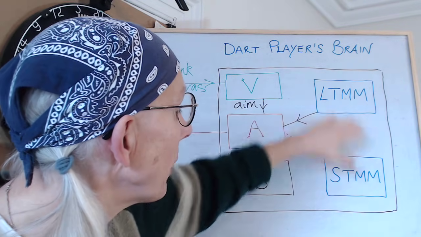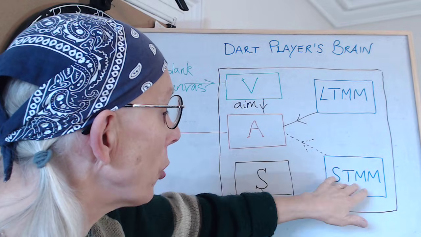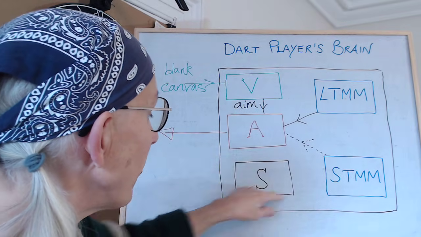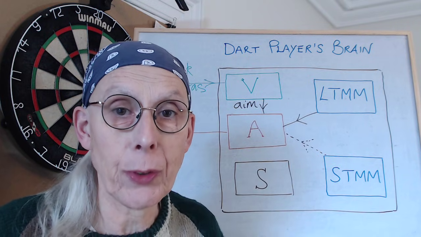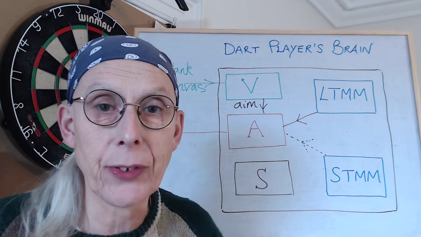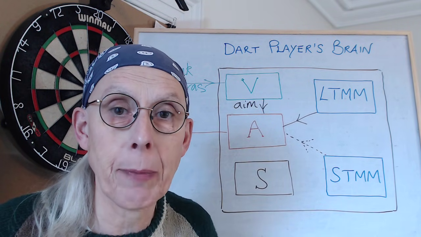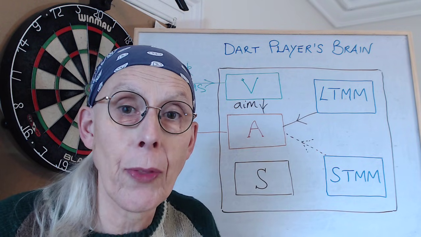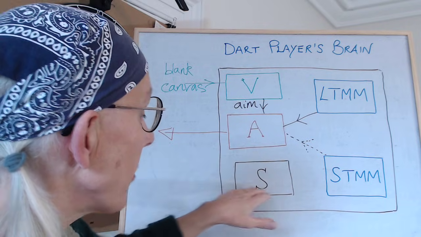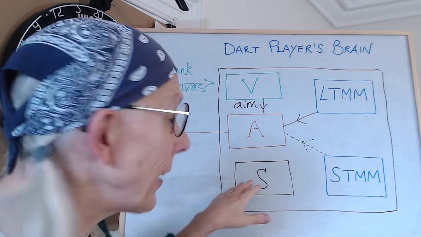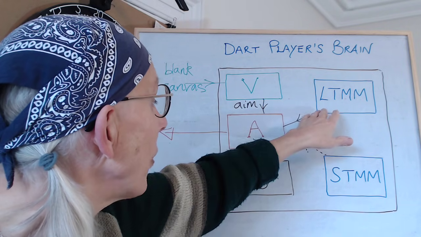There are 2 different kinds of muscle memory, long-term muscle memory and short-term muscle memory. And then this sensory box here is our internal sensing. Our vision is our external sensing, and S is our internal sensing about how it felt to throw that dart.